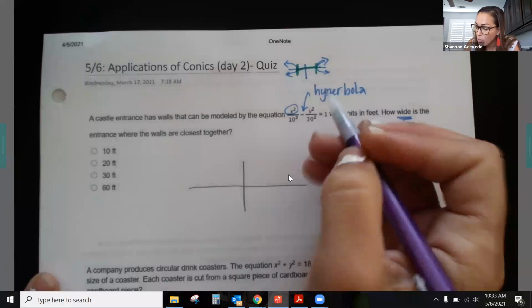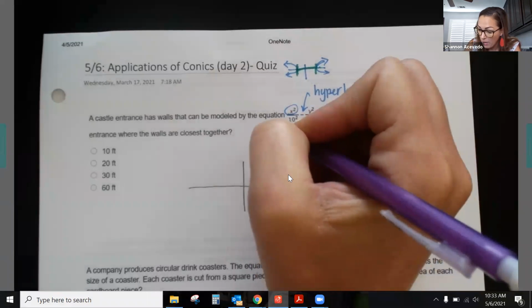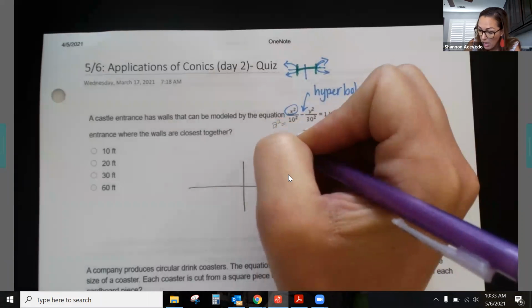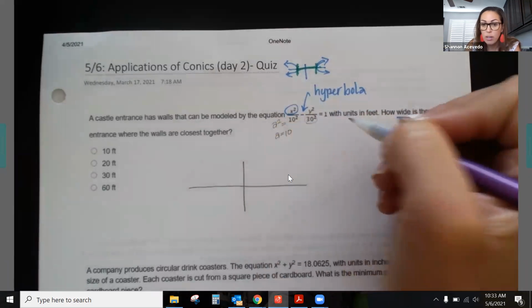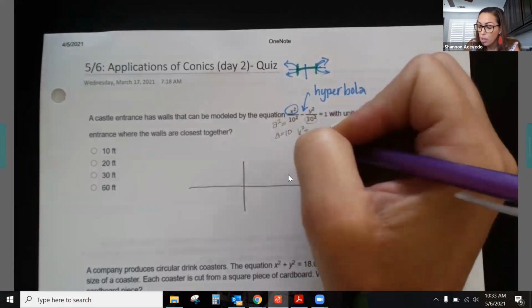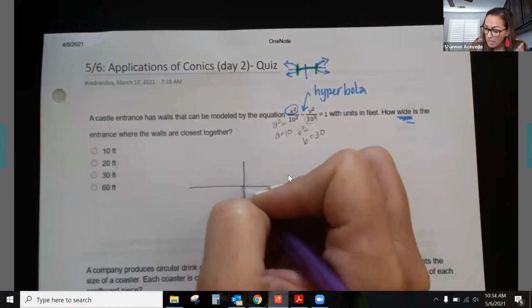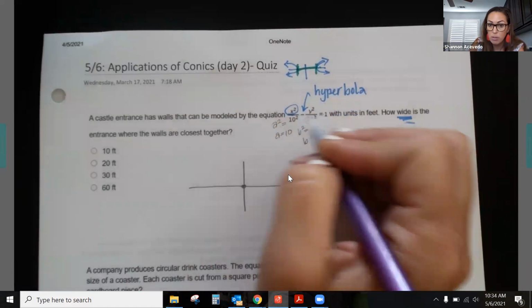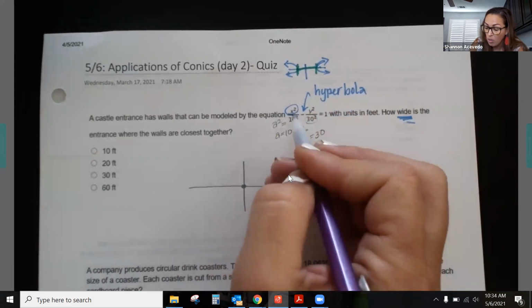Okay, so here's what I have. This right here is going to represent my a squared is 10 squared, so a is going to be 10, right? This right here, 30 squared is my b squared, so b is going to be 30. So I know then my center is going to be at 0, 0. There's no h or k, so there's my center. So my a, I'm going to count along my x-axis.